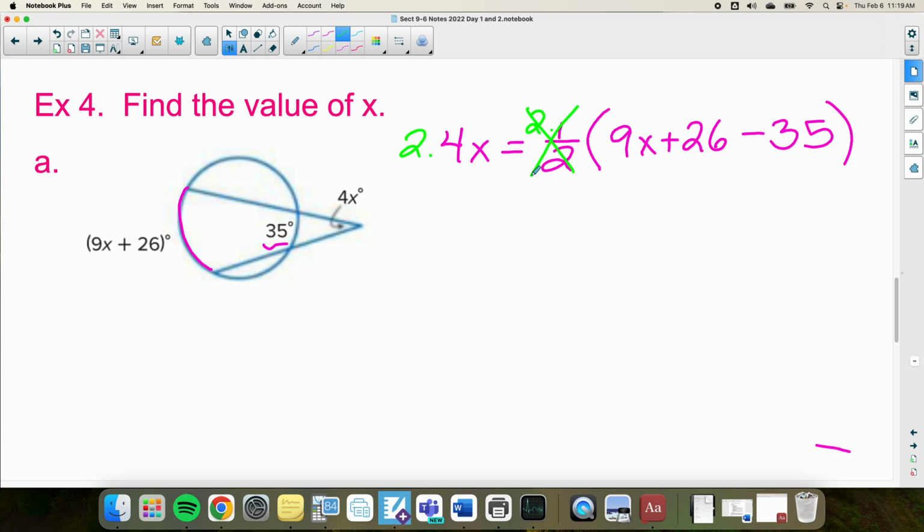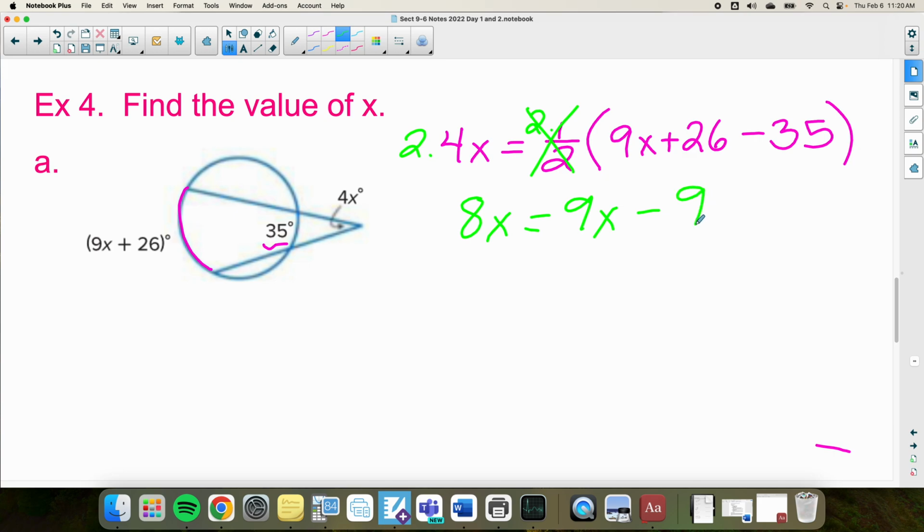Okay? Then what I'm going to do is get rid of that half by multiplying by 2. 2 times 4x is 8x equals 9x. Now I have a positive 26 minus 35. Isn't that going to be negative 9? Minus 9? Okay.